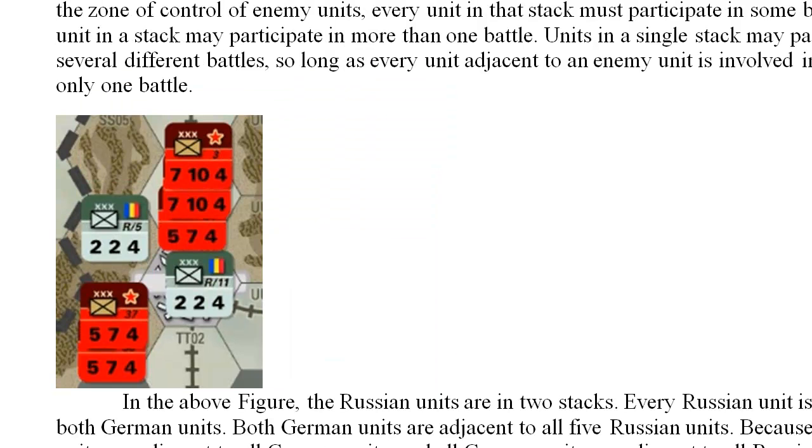Here is a slightly different circumstance in which the 5 Russian units have been moved to different squares. This time, all 5 Russian units are next to both German units. If the Russian player chooses to do so, he can make this as one large attack in which the 5 Russian units attack both German units at the same time.